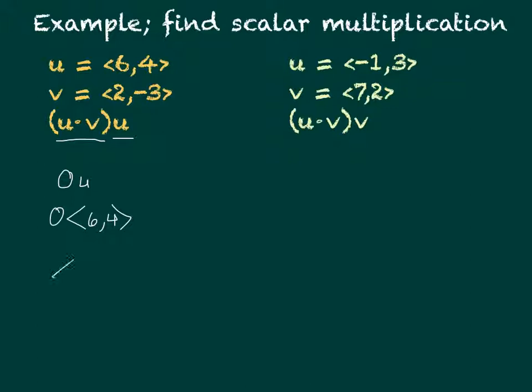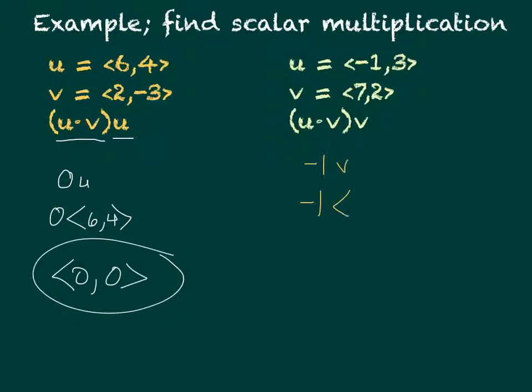And then that just makes the 0 vector. So our vector is 0, 0. And the next one, again, we had already found u dot v to be negative 1. So we're going to take negative 1 times my v vector, which is 7, 2. So our new vector is negative 7, negative 2.